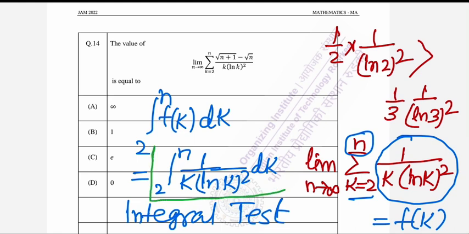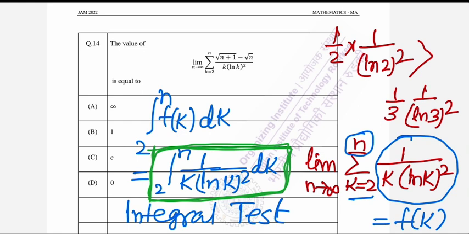And remember one thing, that here n tends to infinity.